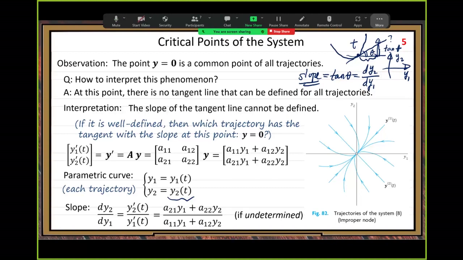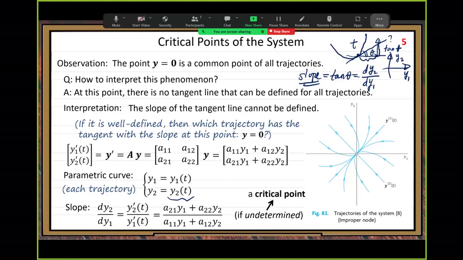The slope expression at the origin is undetermined; no value can be used here. When you have this special situation, this point is called a critical point.